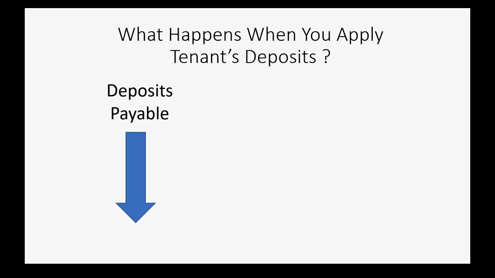You used it for an expense. So when you apply a tenant's deposit to an expense, deposits payable in the trial balance will decrease. The expense that you just recorded when you paid will actually go down.